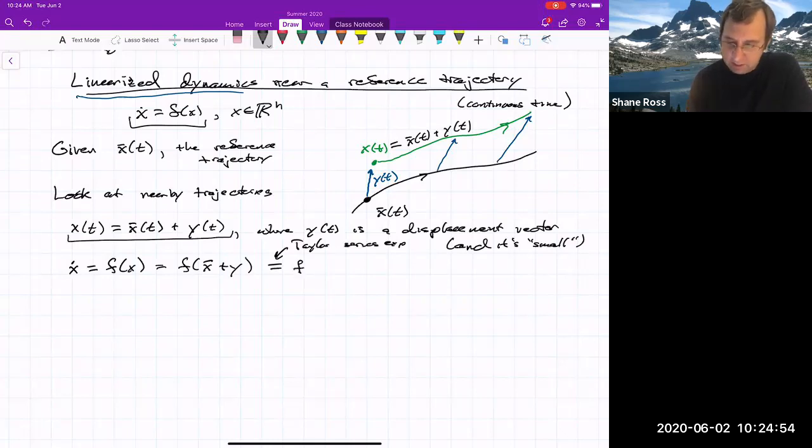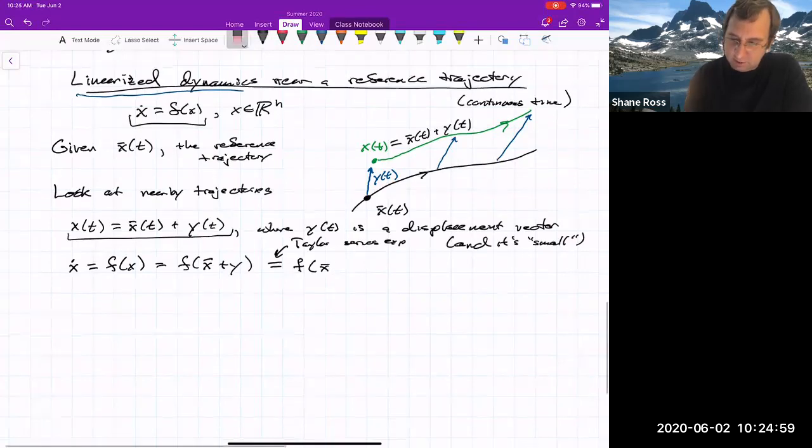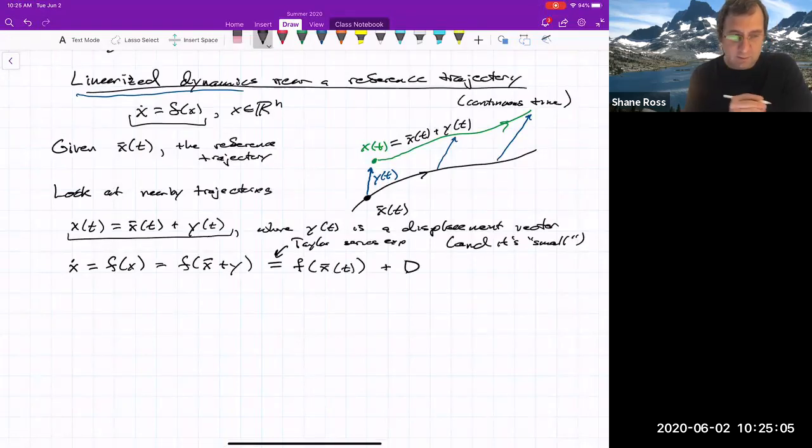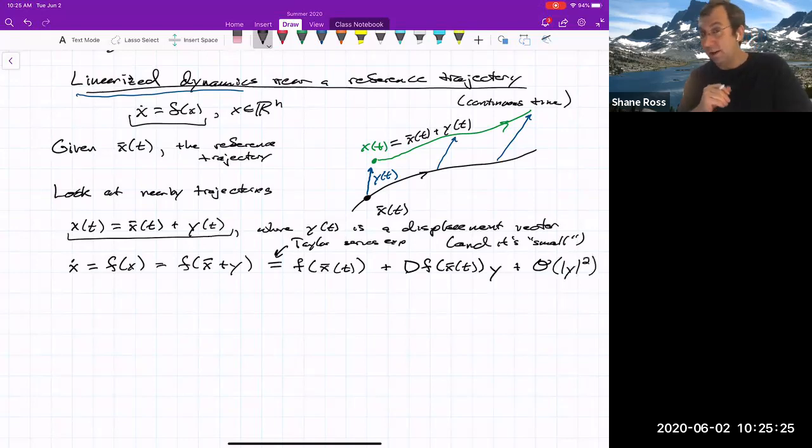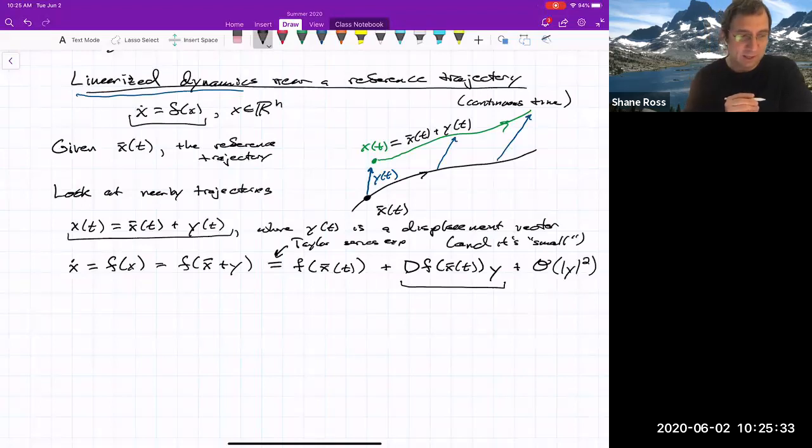So this becomes f of x bar, as a function of time, plus df of x bar, the Jacobian of the vector field f evaluated along the reference trajectory, times y, plus higher order terms. These are terms that are quadratic in y or higher. And since y is small, the leading order dynamics will be given by the linear term.